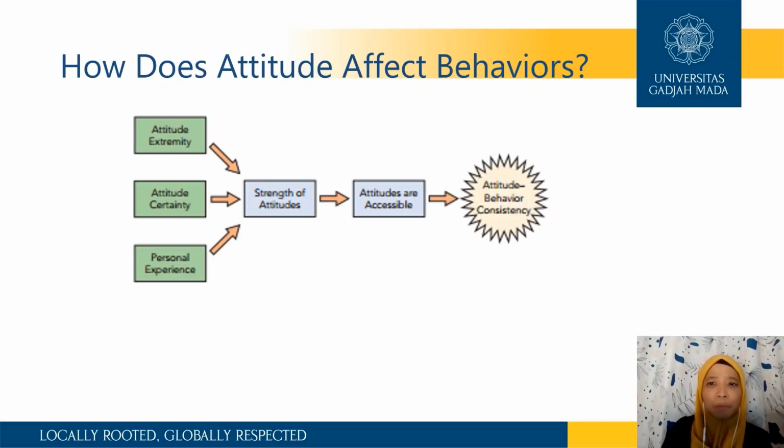attitudes. For example, you have a positive attitude towards jogging every morning. You have a very positive attitude about it, you are so into it, you're so fanatic about it, I have to jog every single morning, and you're so certain about the benefit of this activity for your health, maybe for your psychological health, your physical health.